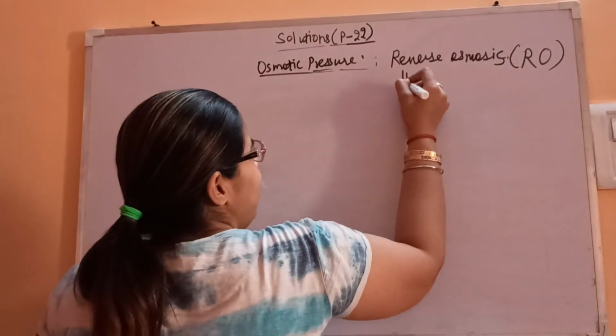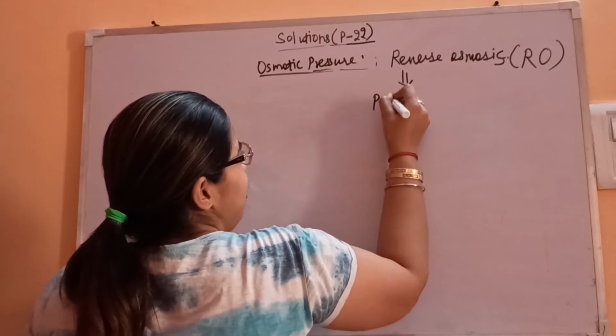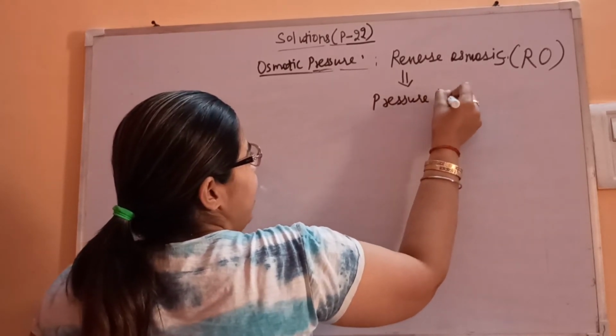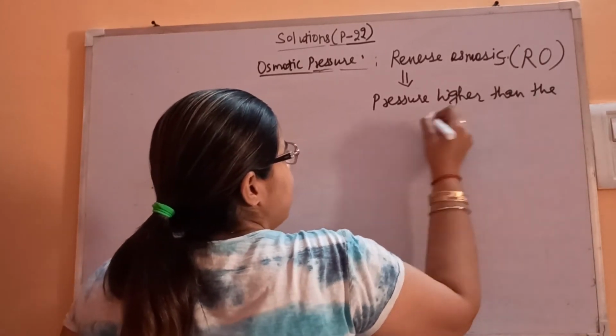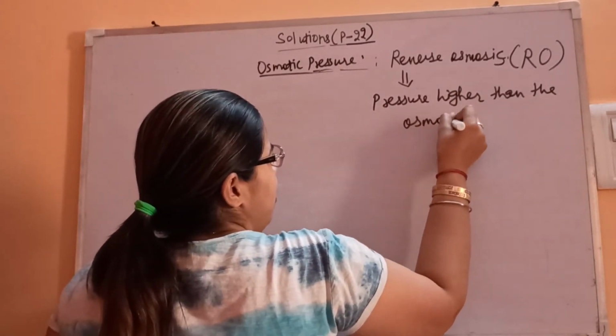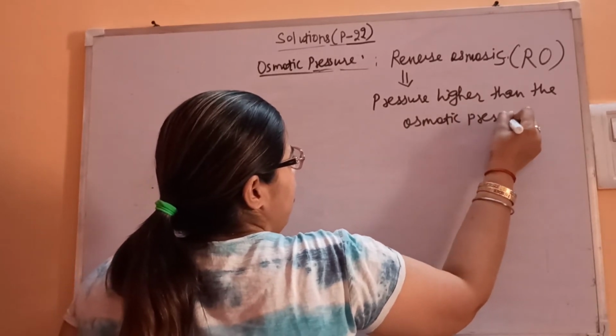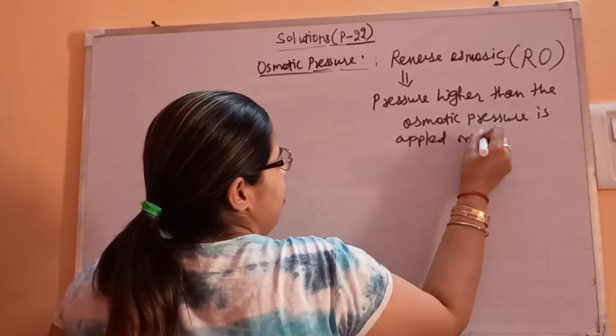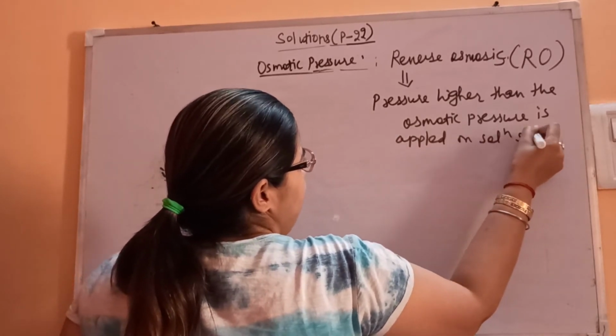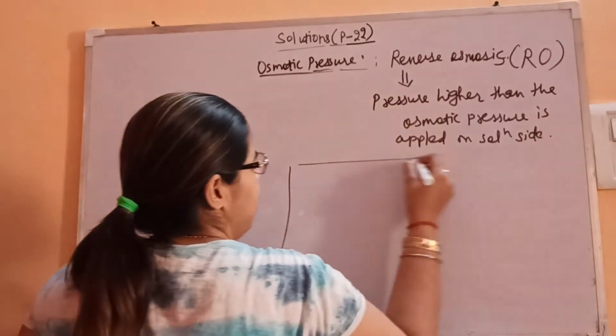Let's see how. In reverse osmosis, pressure higher than the osmotic pressure is applied on the solution side.